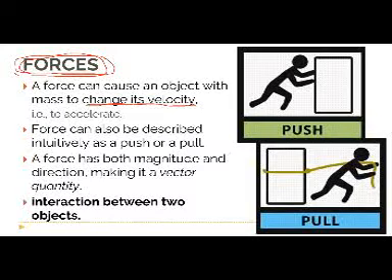If you are pulling an object, there is an interaction between that object and the person. So that's why force is an interaction between two or more objects. That could be the simplest word to describe force.